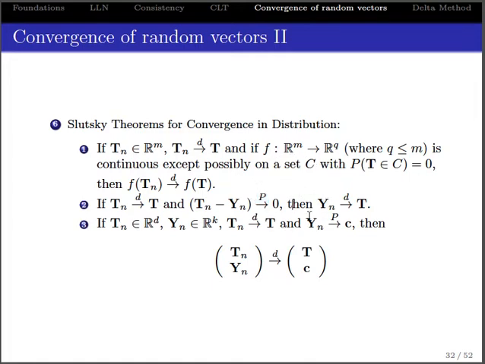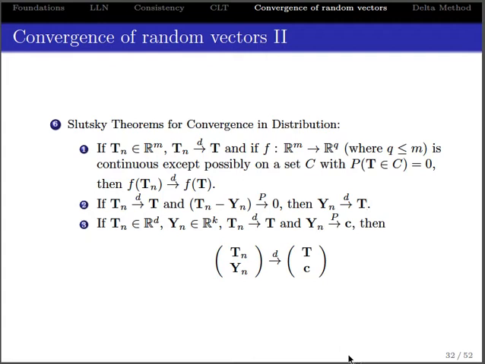So forget I said that. Anyway, if Tn is going in distribution to T, and if the difference between Tn and Yn is going in probability to 0, then Yn is going in distribution to that same target. A very handy theorem at times. Trust me.